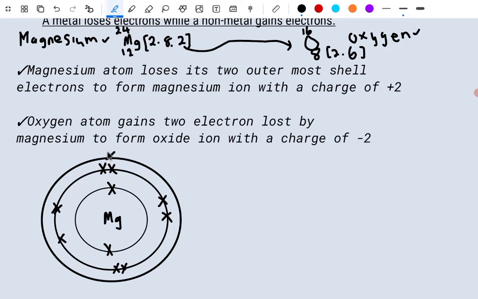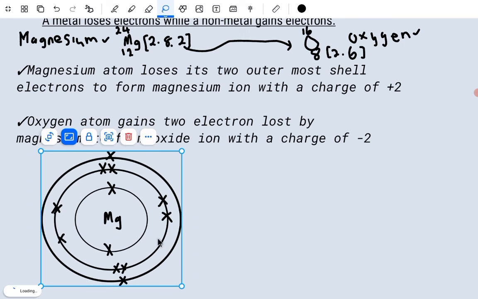You can draw them like this. So this is magnesium. Now let us show oxygen. So just to make my work easy, I'm going to do this. I duplicate.